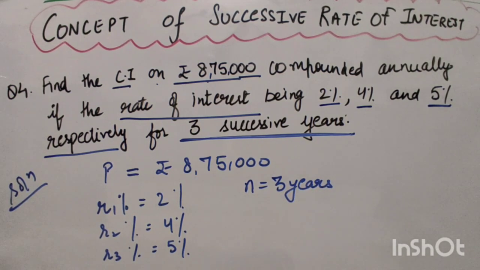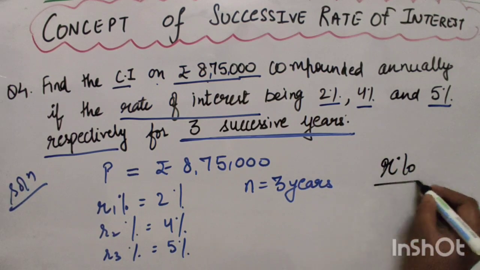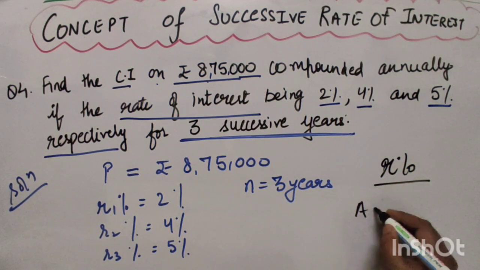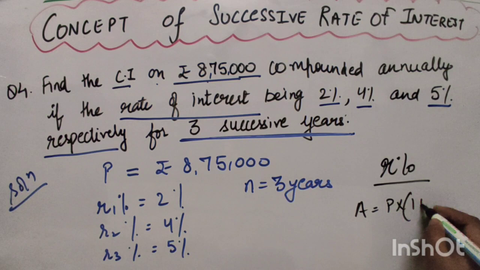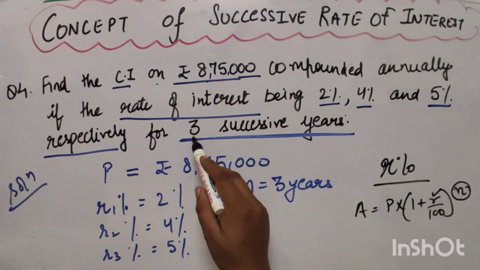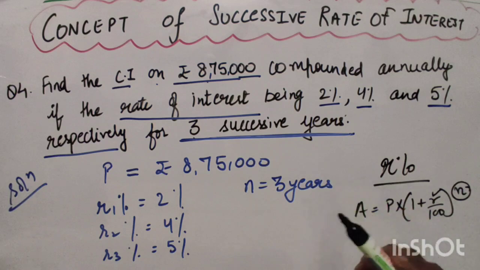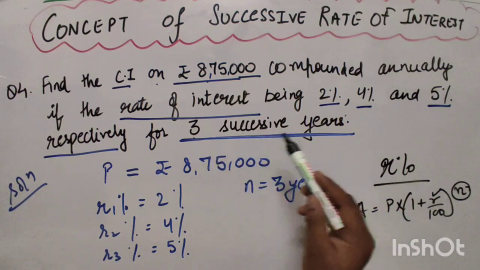Now the question which comes to mind is that generally we have the case where we have only a single rate of interest, and we apply the formula P into 1 plus R upon 100 raised to the power n, right children, because we have a single rate of interest and the time period, usually only 3 years.